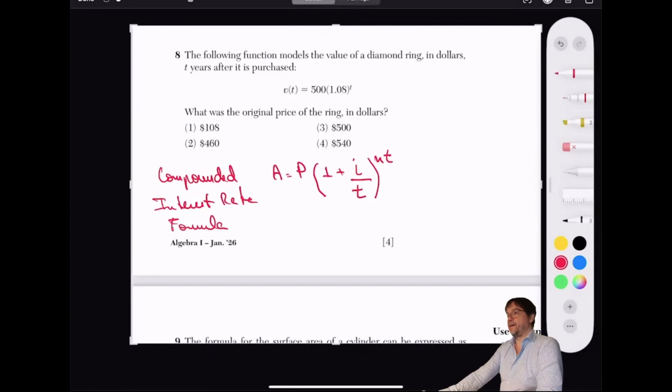We need to have a class for this. Okay? So this is pure algebra. Okay. So the original price is P.